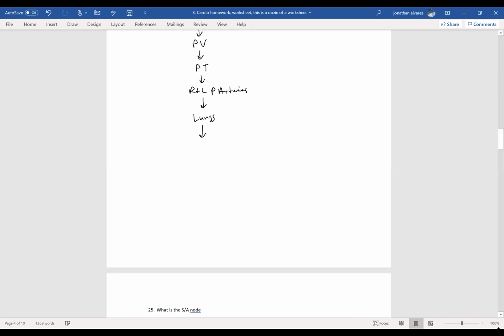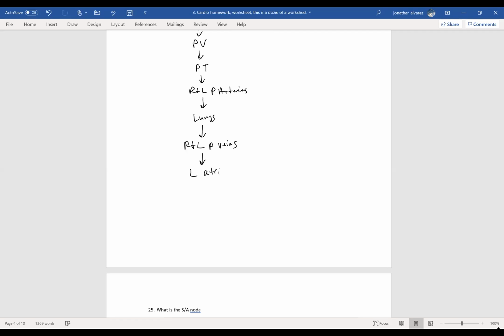And then it's going back to the heart, so it has to go through the right and left pulmonary veins. That goes into the left atrium.